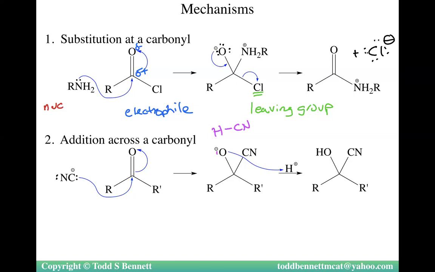So that lone pair went there. That regenerated the same CN minus it was on in the beginning. So you use CN minus and HCN in combo so that the CN can go on, and then it can pick up the H and regenerate the CN nucleophile, the cyano nucleophile.